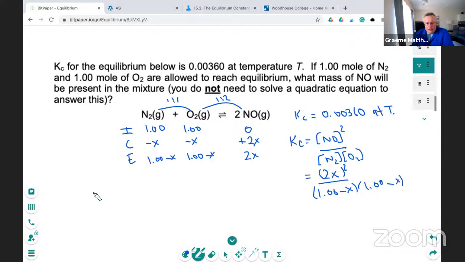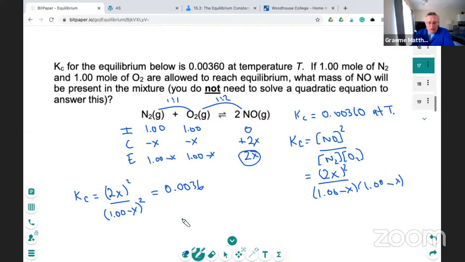So Kc is 2x squared over 1 minus x squared, and this is going to be 0.0036. First off, what we need to do is get the value of x, because we're looking for this.